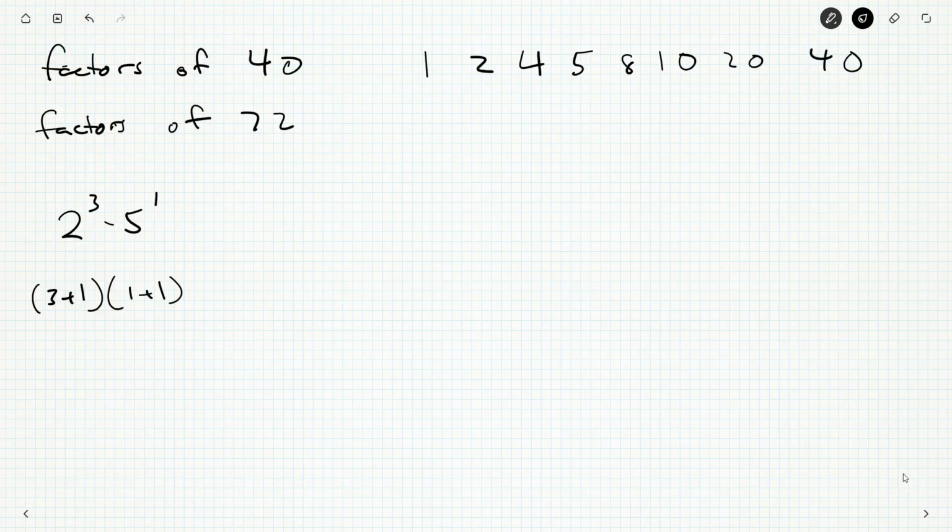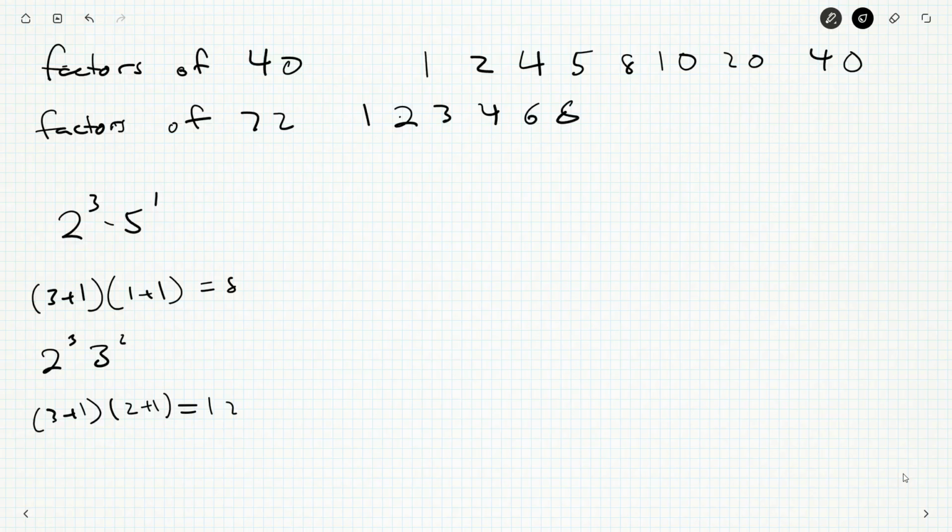How about 72? Well, that's 2 cubed, 3 squared, so it's going to be 3 plus 1 times 2 plus 1. That's going to have 12 factors. So that can help us make sure we haven't missed anything. 1, 2, 3, 4, no 5s. 6 certainly is a factor. 6, no 7, 8, 9, 12, 18.